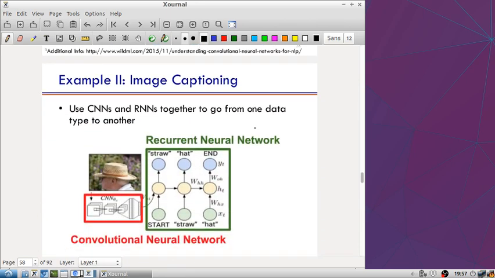The next, first interesting example is image captioning. Image captioning is where you can use CNNs and RNNs together to go from one data type to the other. You have images, and you use a CNN to get a feature representation or embedding of the image.